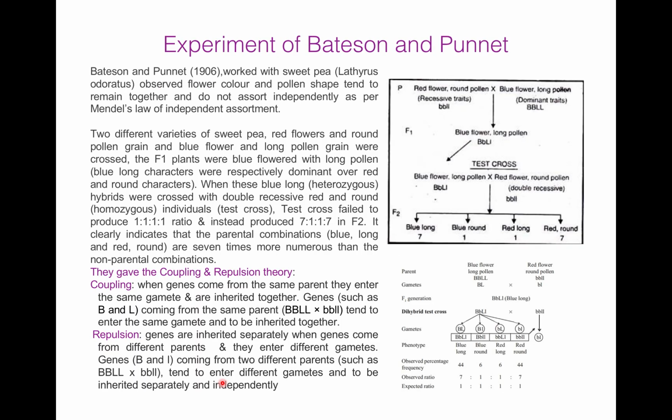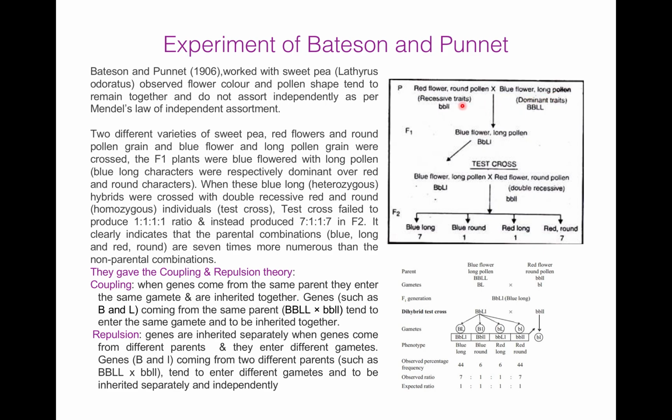Now I will explain the experiment of Bateson and Punnett. They worked with the sweet pea, Lathyrus odoratus, and observed that flower color and pollen shape tend to remain together and do not assort independently as per Mendel's law of independent assortment. See, these are the two varieties of sweet pea: red flower with round pollen grain, and blue flower with long pollen grain.